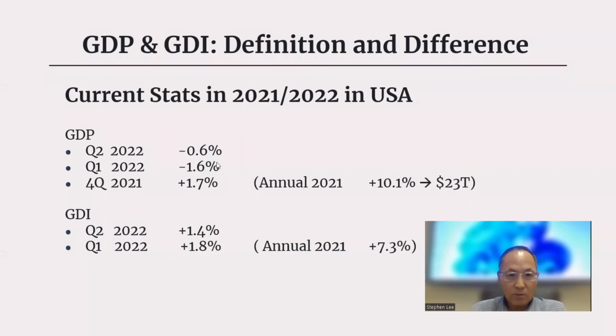So that means we are in recession by this definition of GDP growth. Well, still, I think we are debating whether the US is in a recession or not, but the GDP indicator shows two consecutive quarters of negative growth.